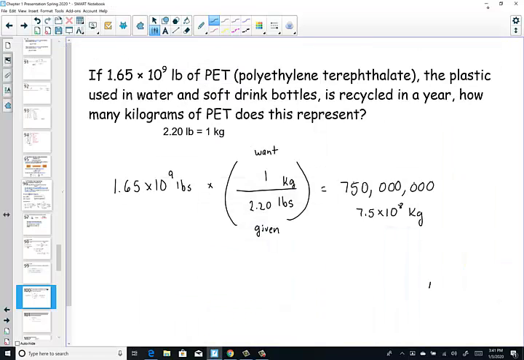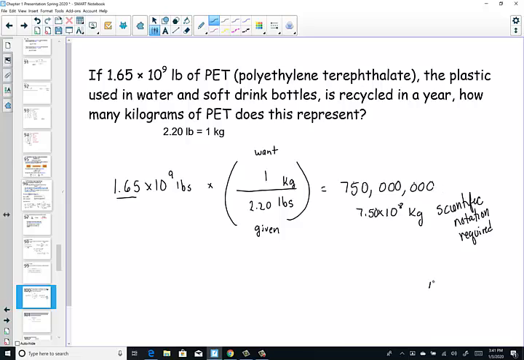Here we have 3 sig figs. I need to report 3 sig figs, and to do so, I have to use scientific notation. Without the decimal, the zeros are not significant. With a decimal, all the zeros become significant.